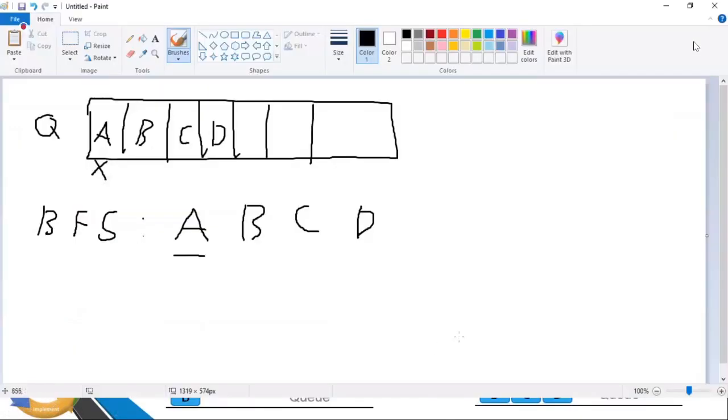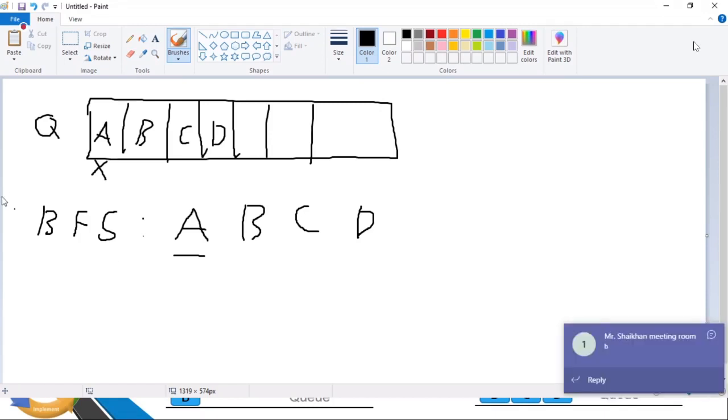It means that since you started with A, you visited all the neighbors, so now it will be dequeued. What is next now? If I dequeue, remove, delete, out, what is the next? Should we go out? B. Thank you. Since you are using Q, again I want to emphasize this point.